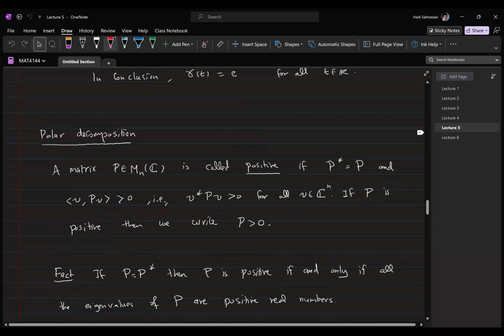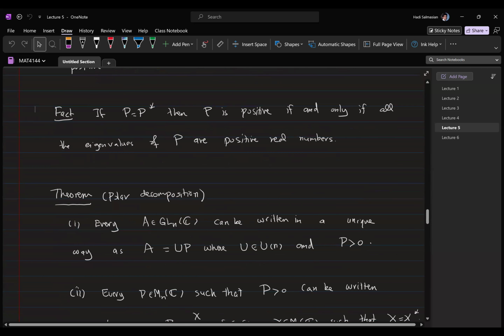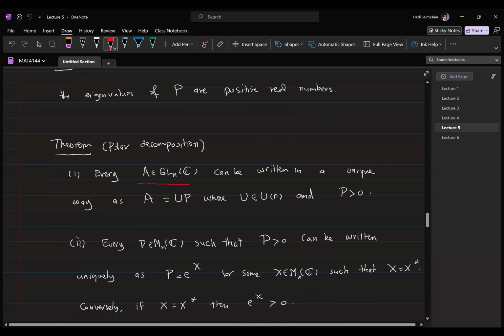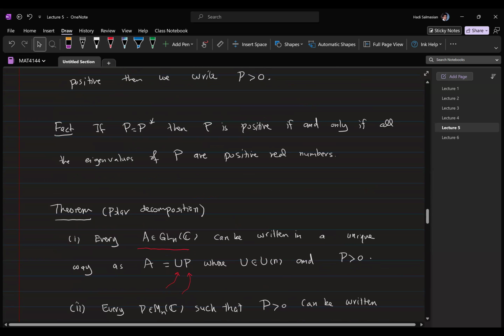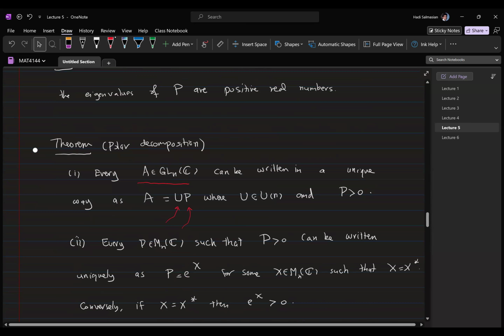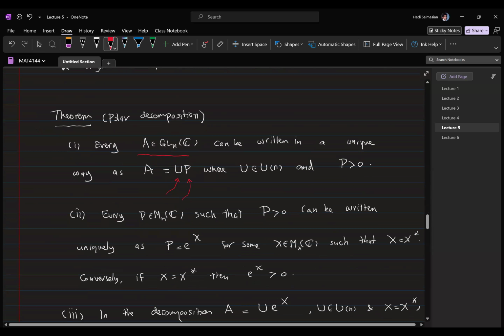So the statement is that any matrix in GLNC can be expressed as a product of a unitary matrix and a positive matrix. A positive matrix means P equals P star, and its eigenvalues are positive real numbers. And then any positive matrix can be written as the exponential of a Hermitian matrix.